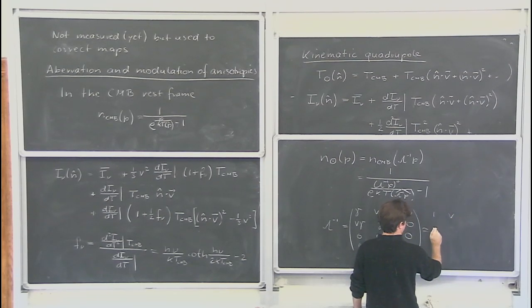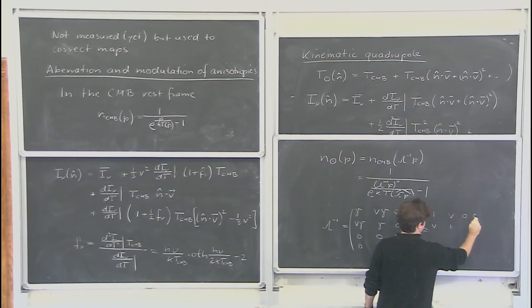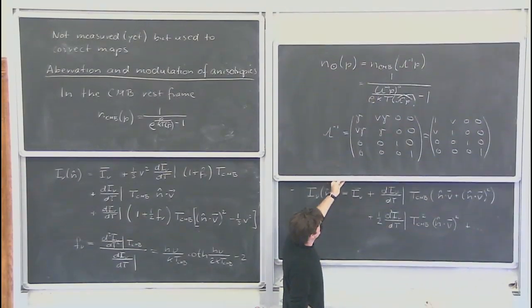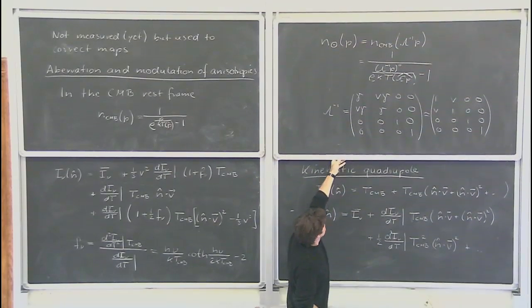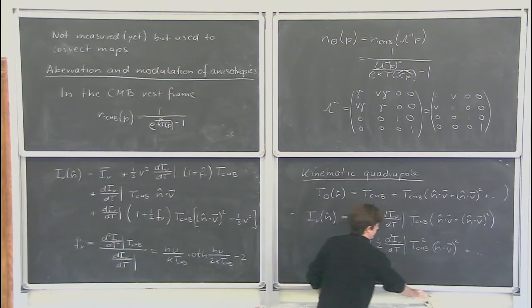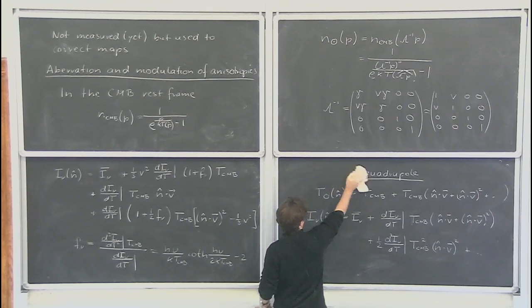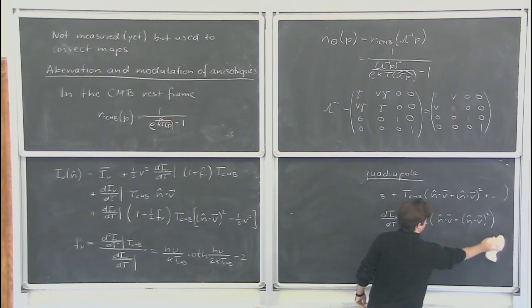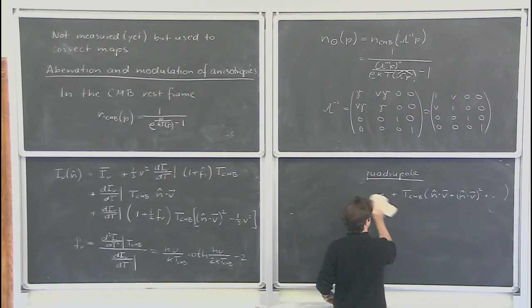So let's write it as 1, v, v, 1, 0, 0, 0, 0, 0, 0, 1, 0, 0, 0, 0, 1. And now we just compute lambda inverse P, and then the 0 component is the same thing we had before, and then we still need the unit vector in the direction of the vector we're getting by doing this boost.